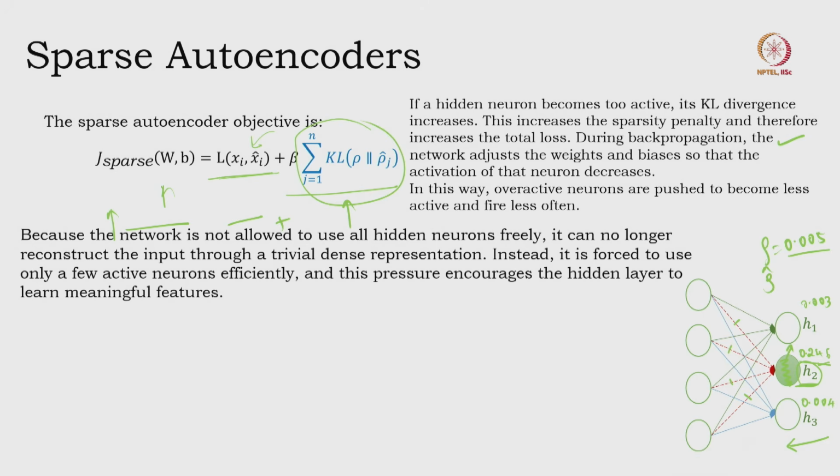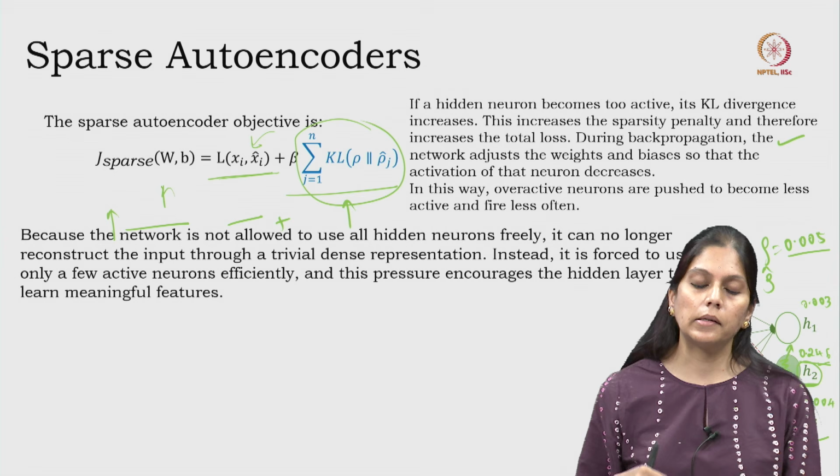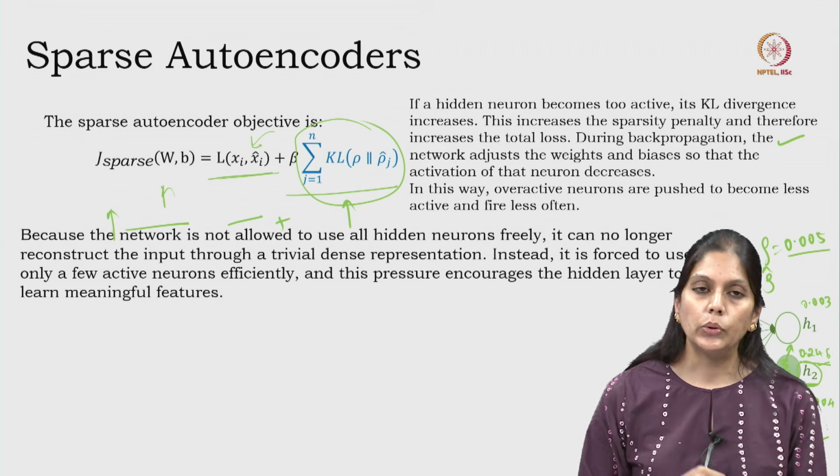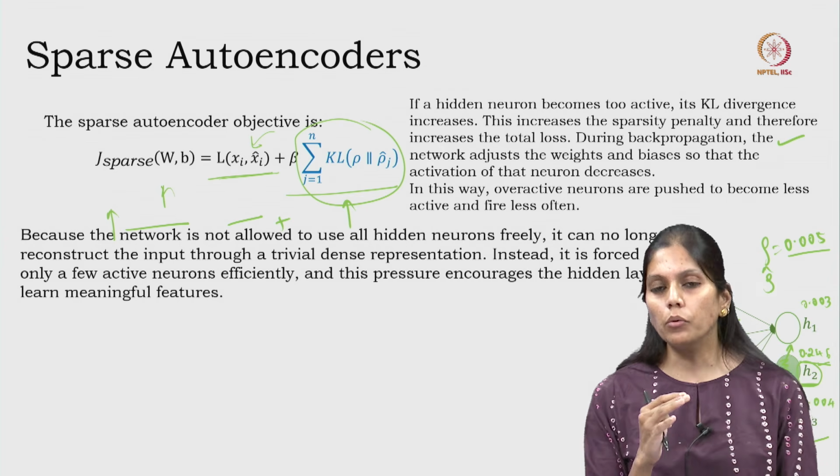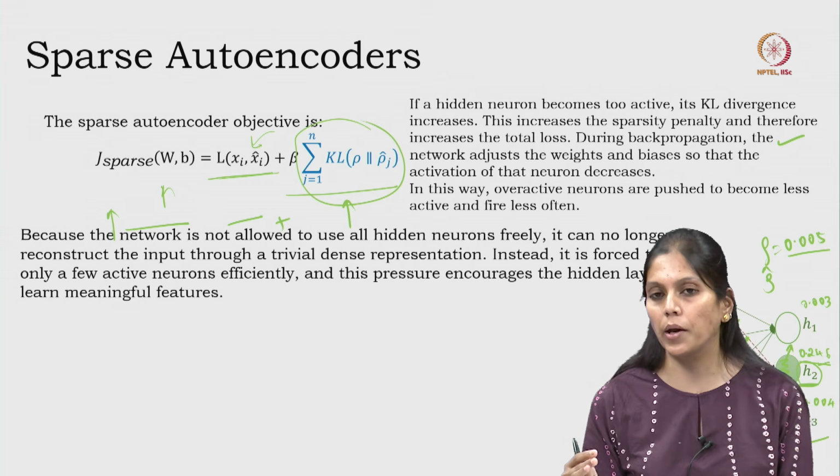Now, how are you updating the weights? Of course all the weights get updated, but wherever the neuron's penalty is more, those particular weights get adjusted, and its bias also gets adjusted. So with this, you are making the neuron less active. With this, you have introduced some sort of a constraint.